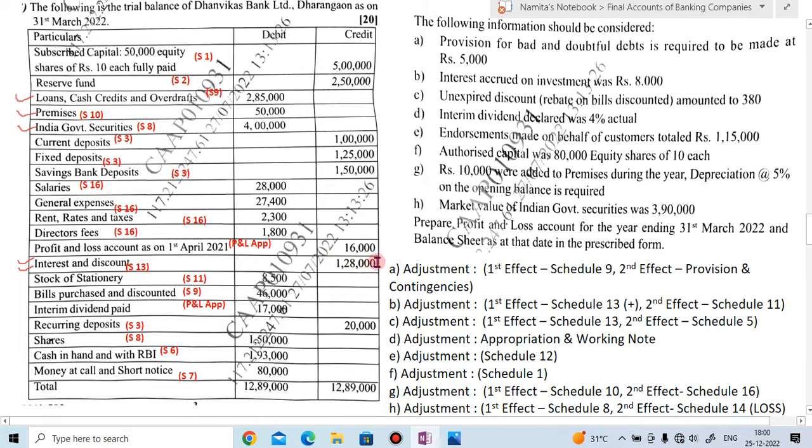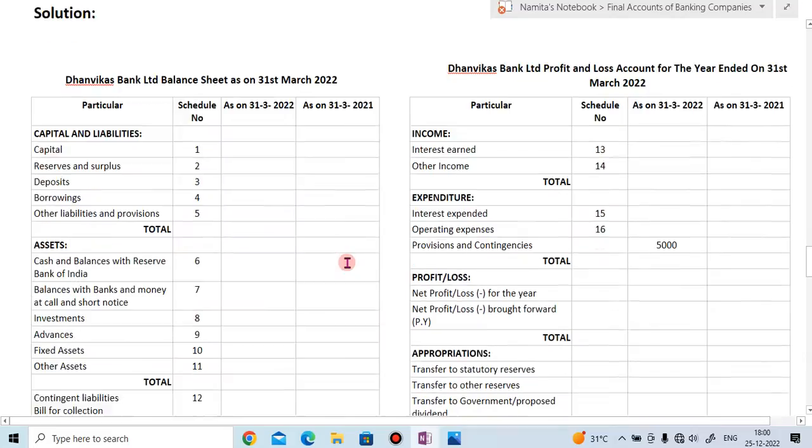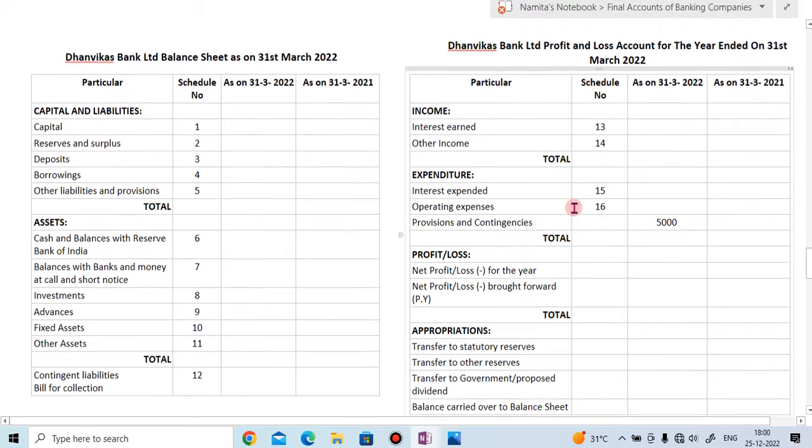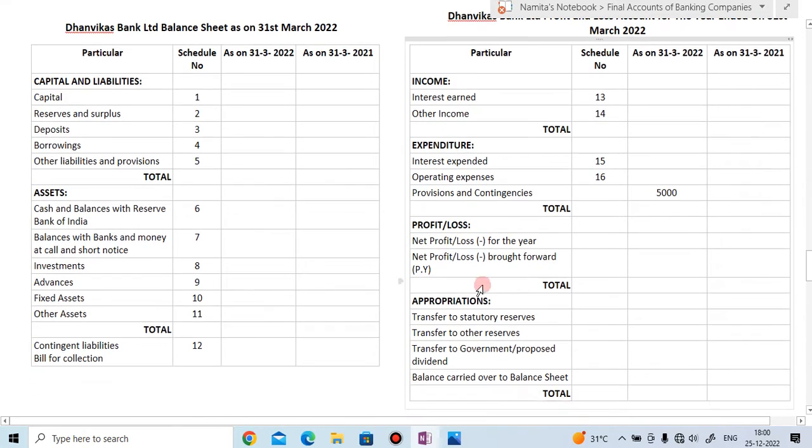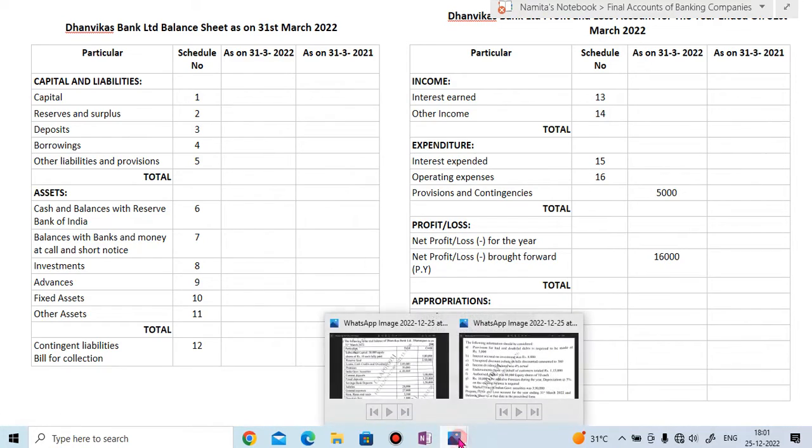What is the profit of the last year? 16,000. So right here in the profit and loss account, under the heading of profit and loss, net profit brought forward, that is previous year profit. How much is the previous year profit? 16,000 is the previous year profit. Now this is done.